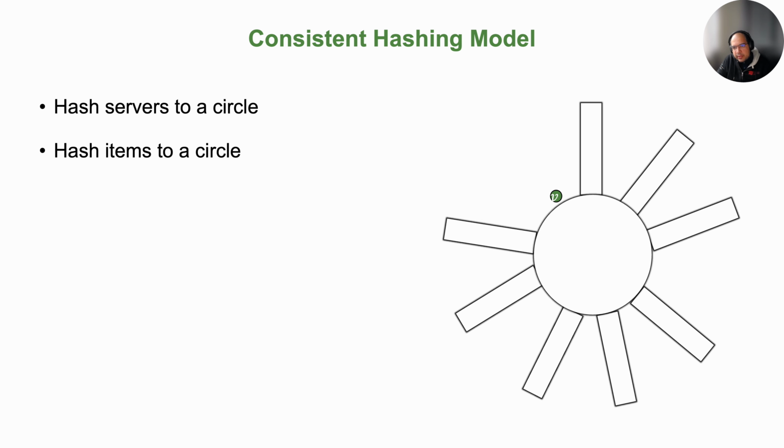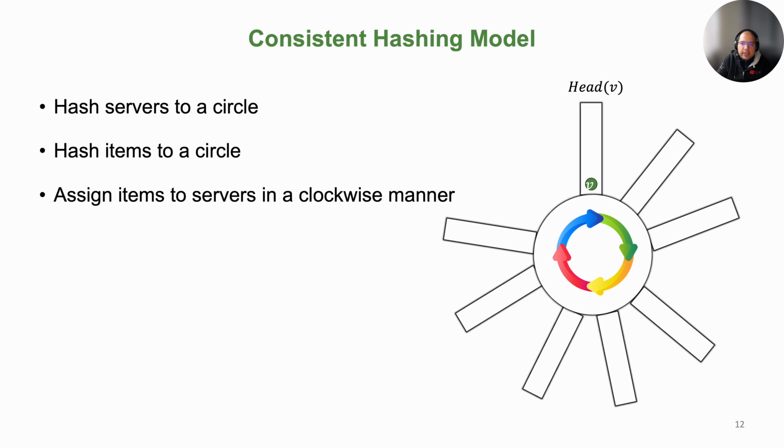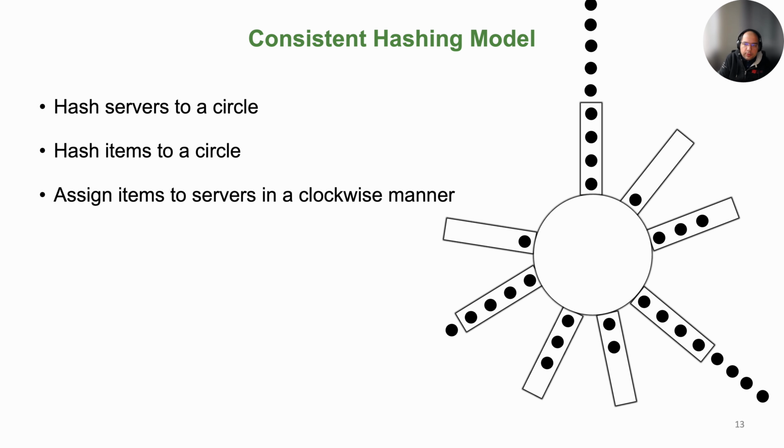If we have an item v, for example, as shown in the picture here, we assign it to the next server in a clockwise manner. The server that contains an item v, we will call the head of item v. If we do the same thing again and again for all items, we will end up with something like this.